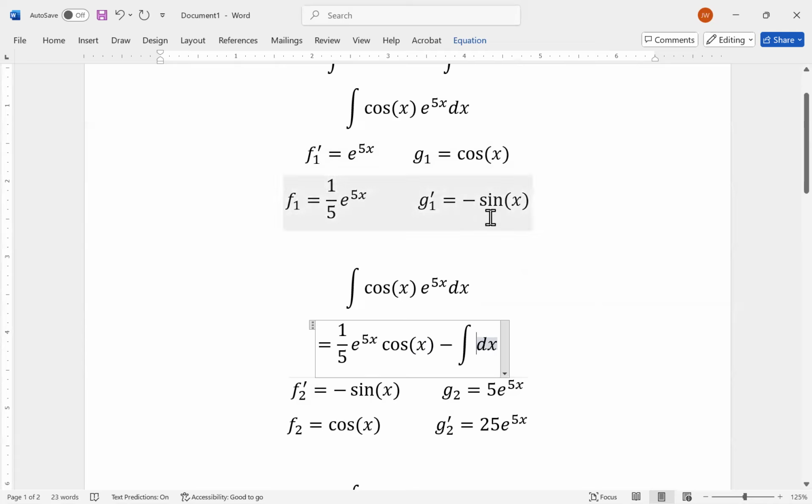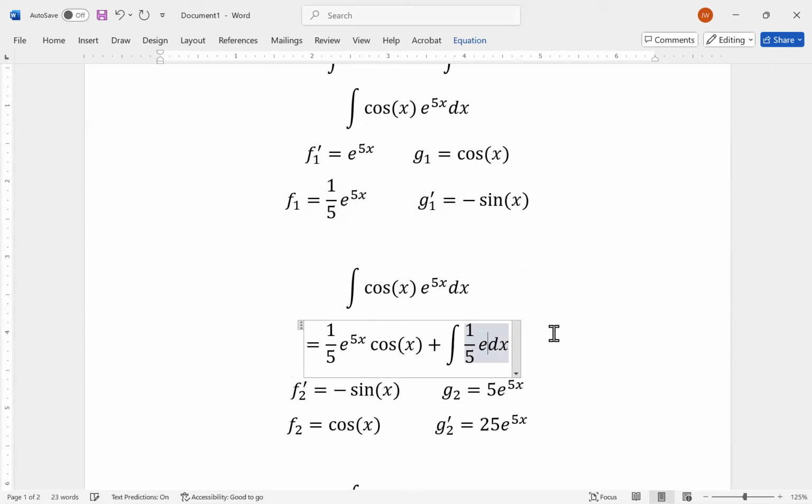Now I have a negative sign in there, so when I take a negative sign and I have this minus out front, that's going to switch it up to a positive. I'm going to get a positive 1/5 e to the 5x times sine.